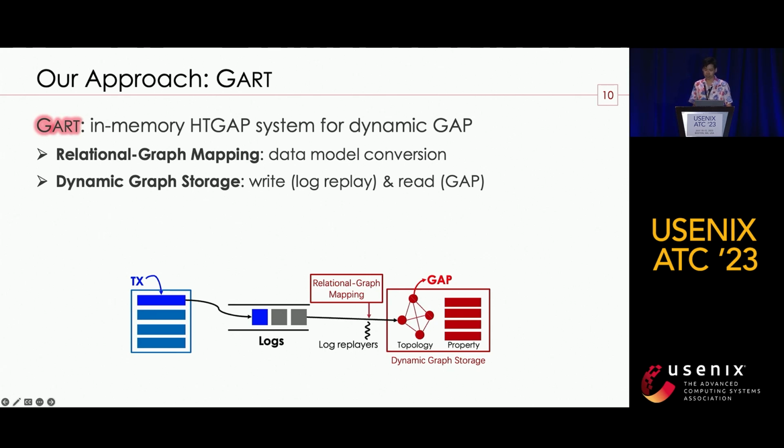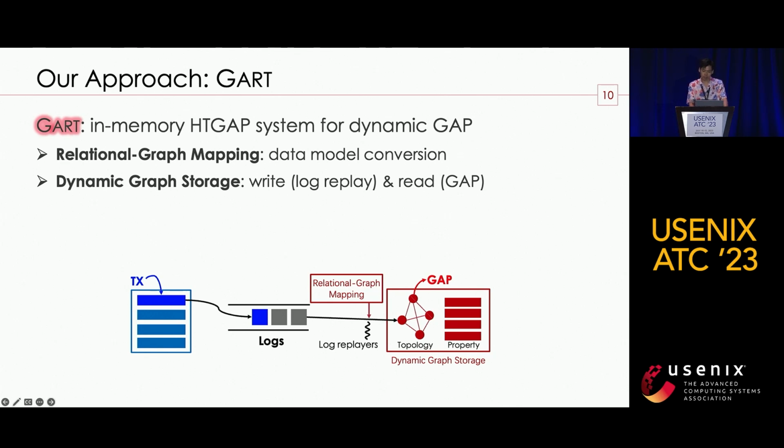GAT is based on the HTAP architecture and includes at least two key components. The first component is the relational graph mapping. Due to the different data semantics of relational and graph models, we need to maintain a schema mapping to convert data automatically. The second component is a dynamic graph storage.